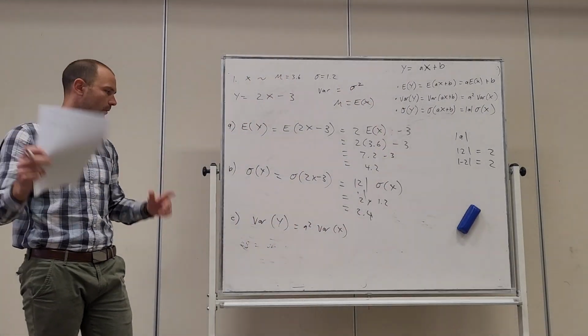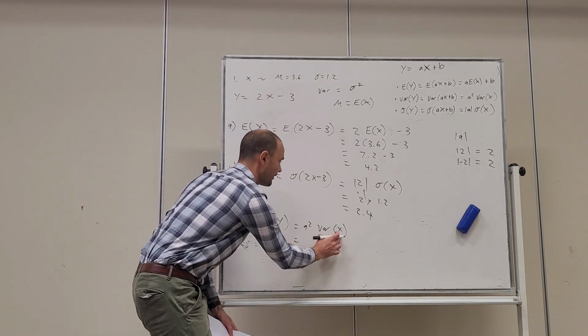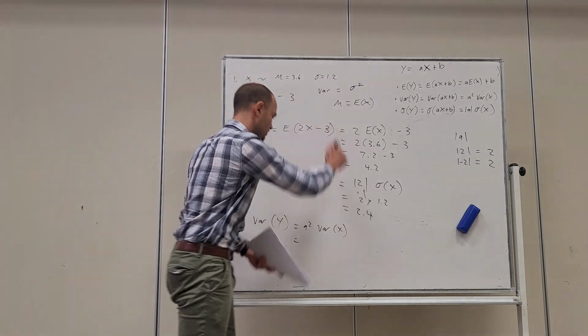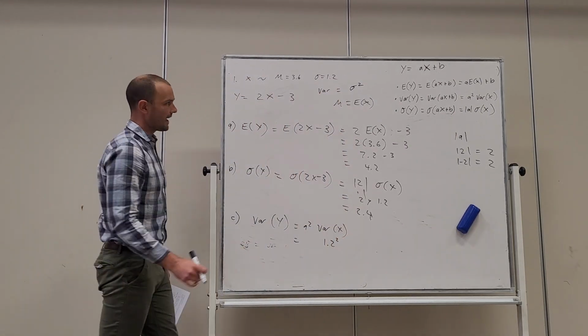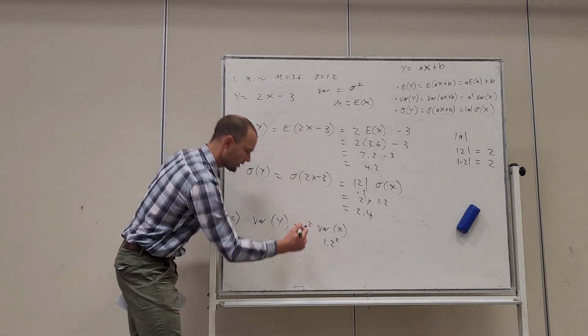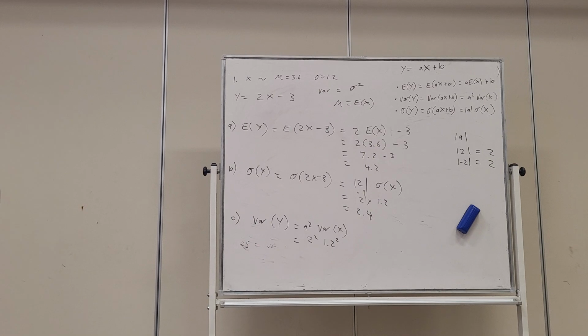That's the link that we need to make. So the variance of x is going to be the standard deviation squared. And our value of a is the coefficient of the x term, which is 2. So we have 2 squared times 1.2 squared. We'll evaluate that quickly. 5.76.